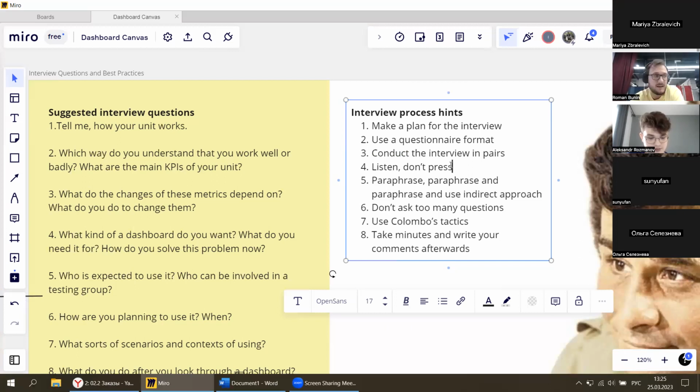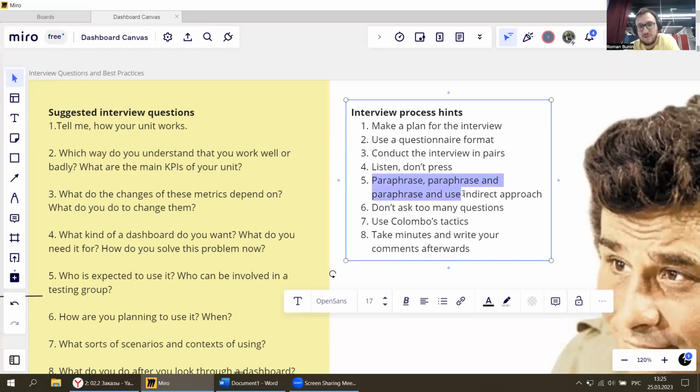The next idea during the interview is to rephrase and use an indirect approach. It means that when a business user tells you something, in order to understand that you're on the same page, you say the same thing back to him or her, using different words. For example, you ask what they are using as KPIs for their business unit, and the user says, we are using monthly plans that are created with our financial department.